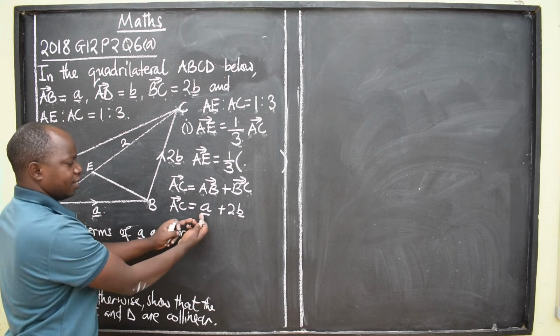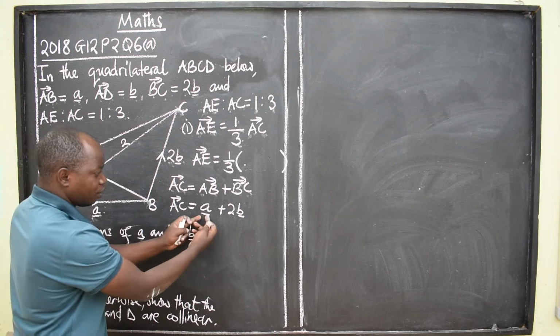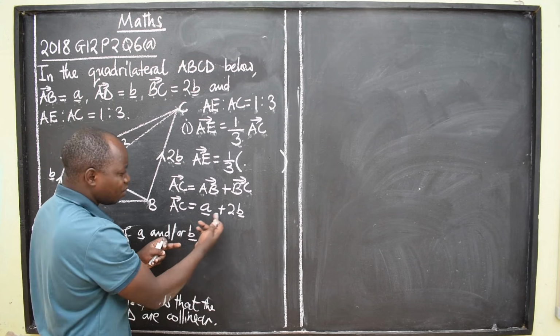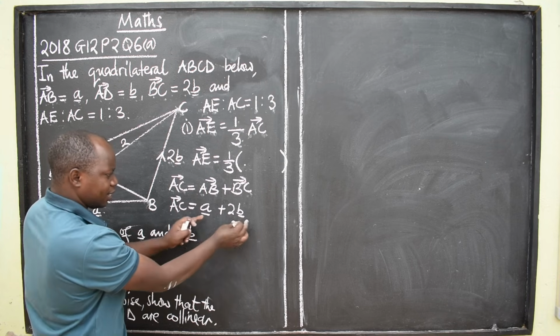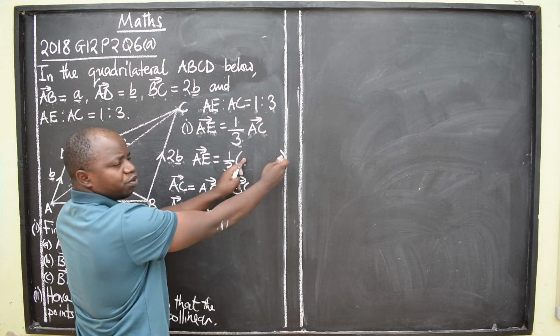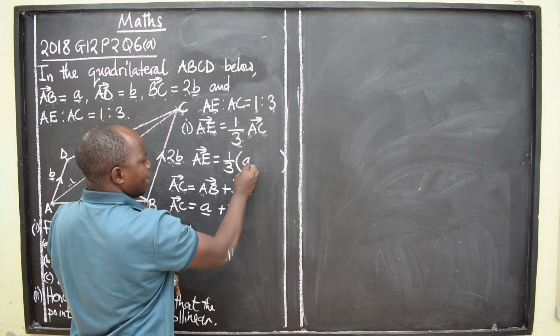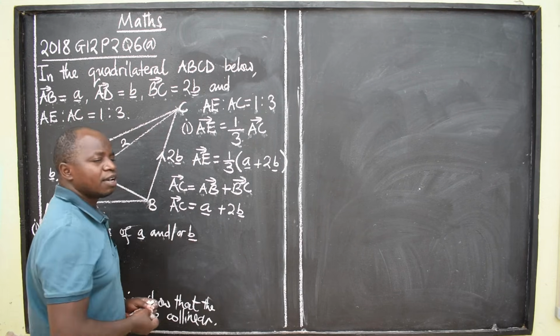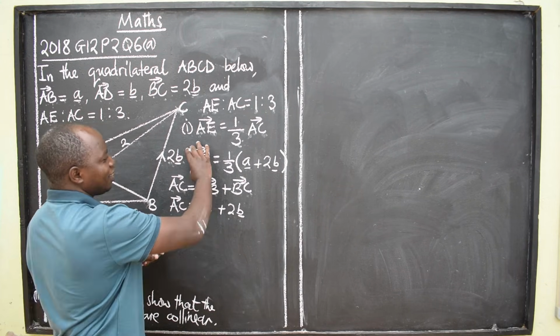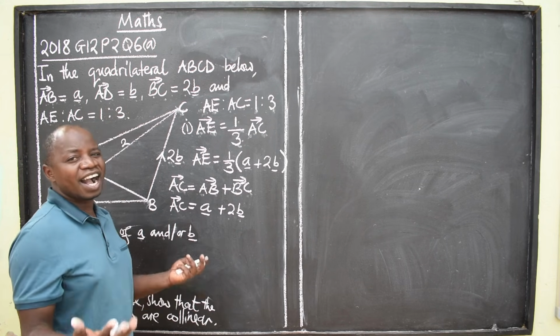That is AC. This is the answer. You cannot add these because they are not like terms. This is A, this is B. So this is our AC here, which we are going to substitute here. A plus 2B. So meaning this is now our final answer.